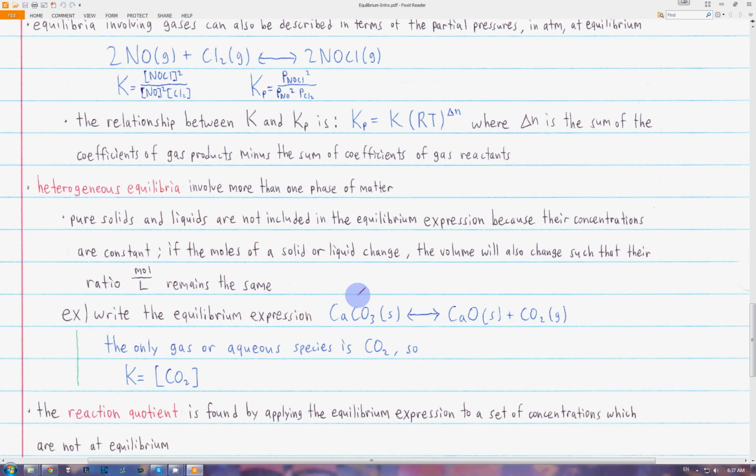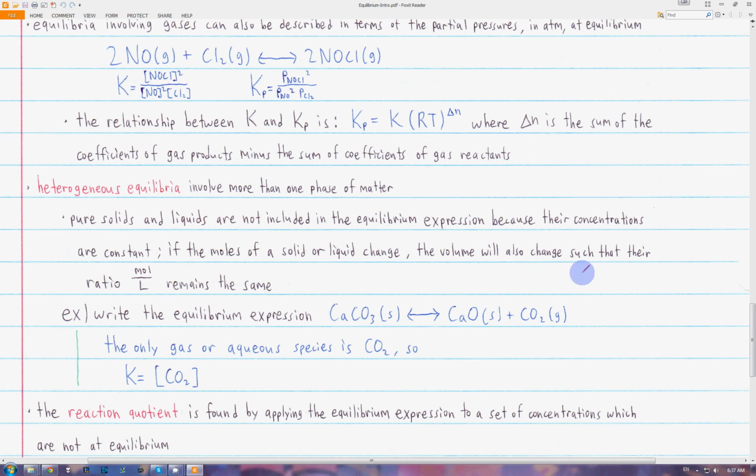So heterogeneous equilibria refers to an equilibrium reaction that involves more than one state of matter. So if we have pure solids or liquids in a reaction, we do not include them in the equilibrium expression. Now this is because their concentrations are basically constant.